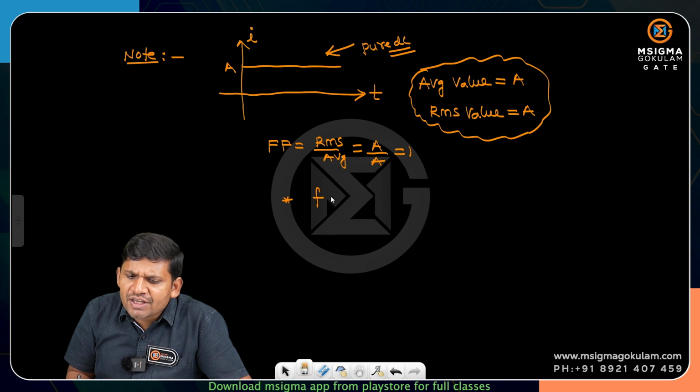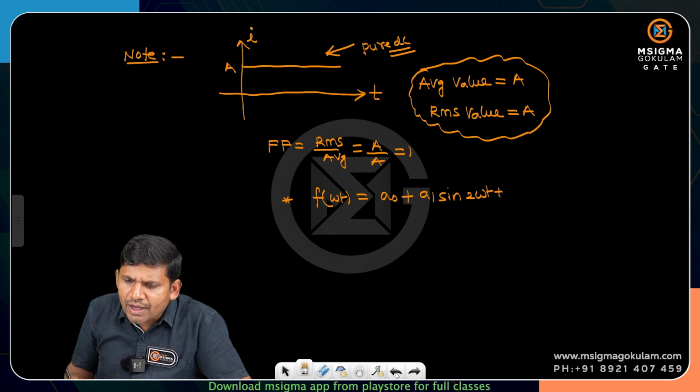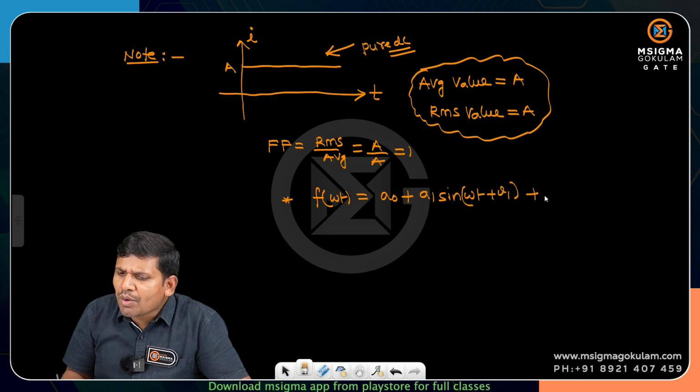And one more observation you have to remember. If any function is given like this, friends, it may be a current function or voltage function, A0 plus A1 sine omega t plus theta 1, plus A2 sine 2 omega t plus theta 2. But this formula is applicable for different frequencies only, not for the same frequency.